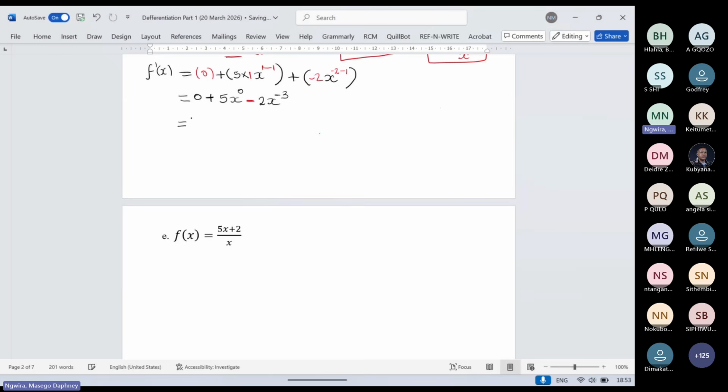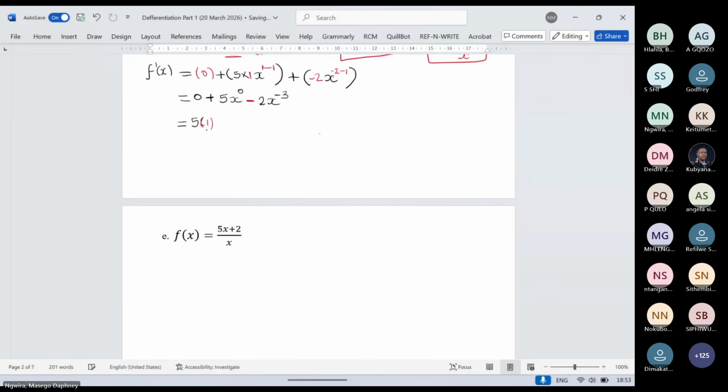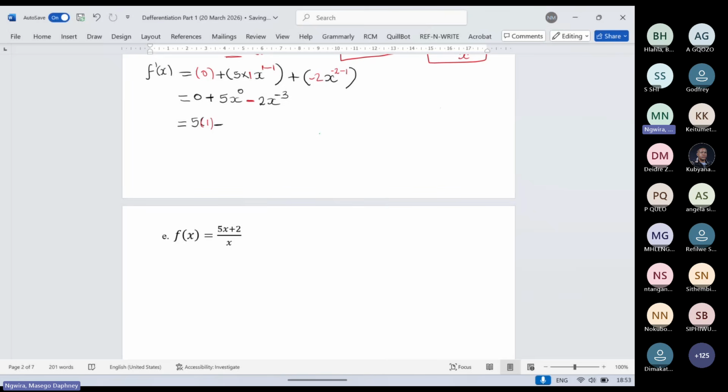So 0, 0, and then 5. What is x to the power of 0? It is 1. And then this is just a minus 2, then x to the power of negative 3. And then this is just the same as 5, and then negative 2, then we change this.